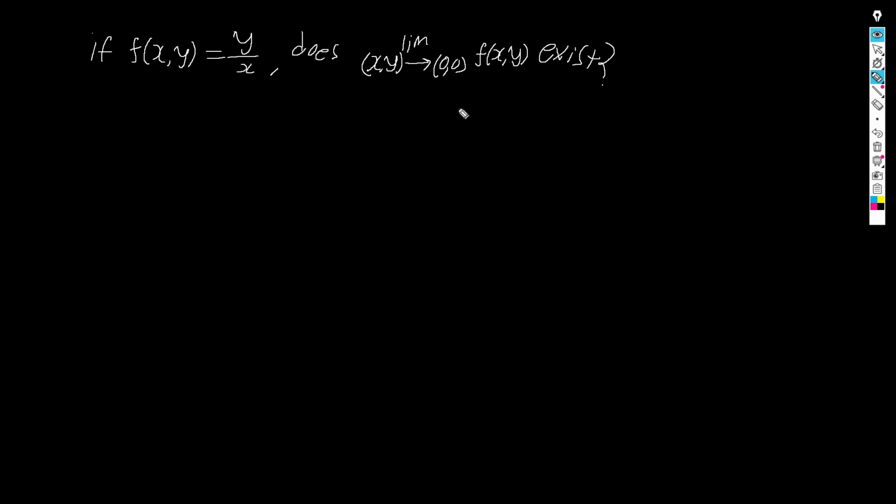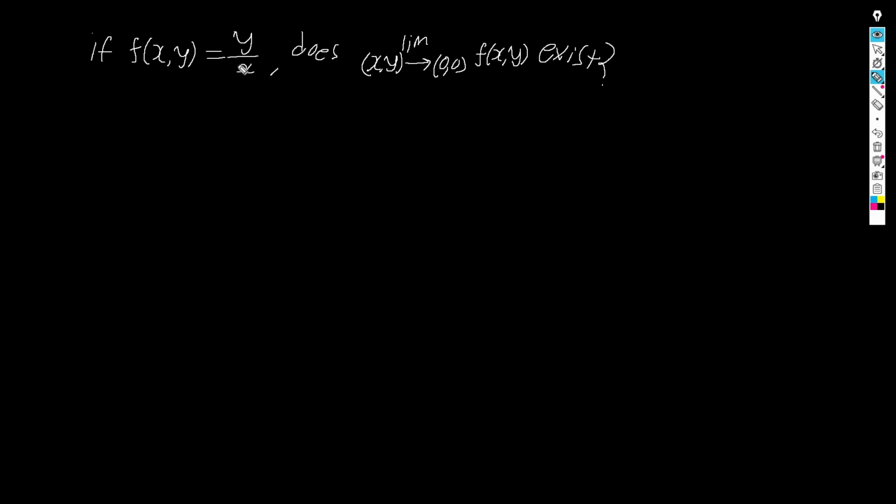Alright, last example. If the function we're taking the limit of is y on x, does the limit of this as it approaches 0 exist? So to answer this, we're not going to approach along the line x equals 0 or the y-axis, because x can never be 0 here.